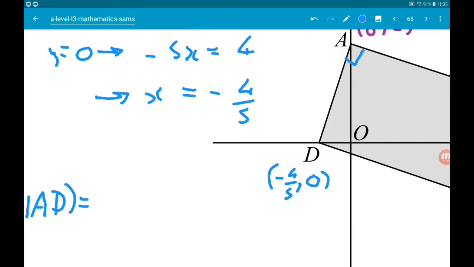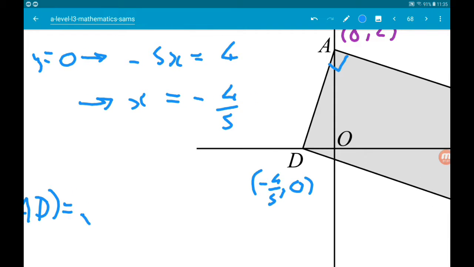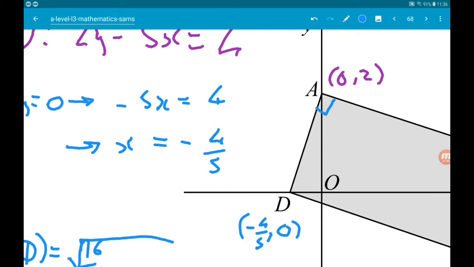So it's going to be the square root of minus 4/5 squared, which is 16/25, add 2 squared, because that's the height of this triangle.